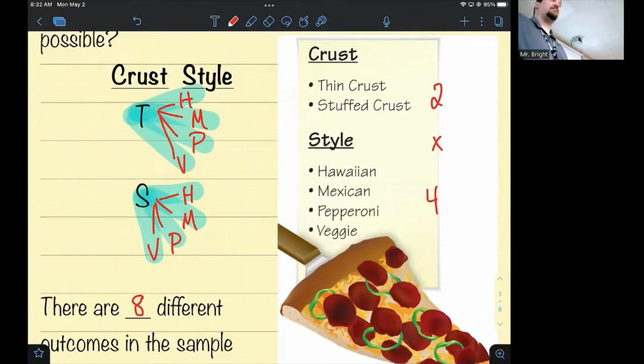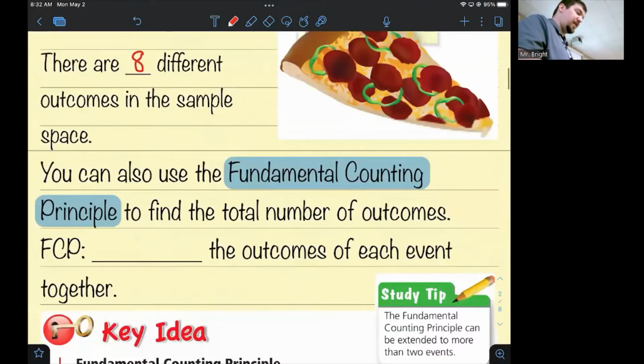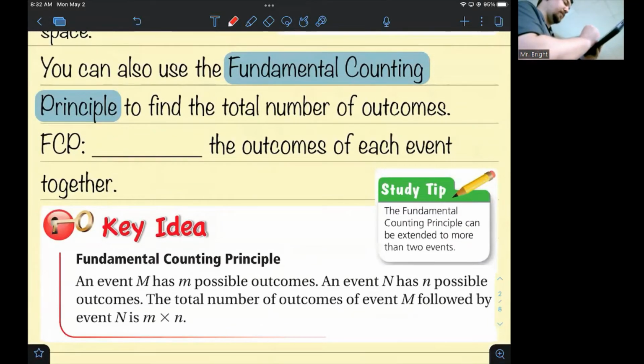And that's actually taking us right into the next section, which is called the fundamental counting principle. The fundamental counting principle says that we can find a total number of outcomes using multiplication. So I'm going to abbreviate FCP as fundamental counting principle, and that says to multiply the outcomes of each event together.